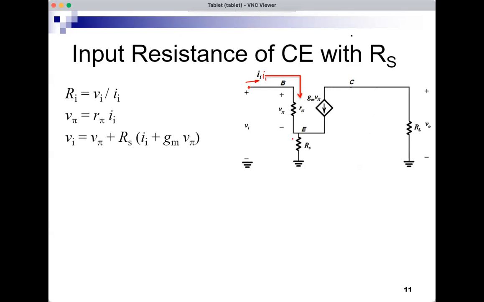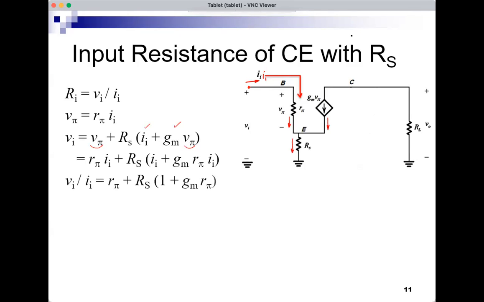The current here is the sum of this current plus this current, so Ii plus gm V pi. We can now rewrite as r pi Ii because V pi is equal to r pi Ii. Same here.